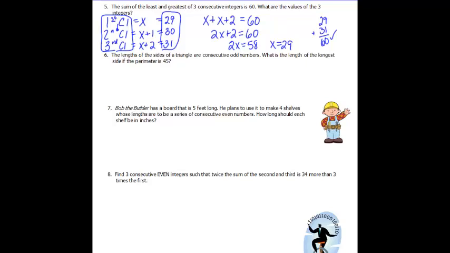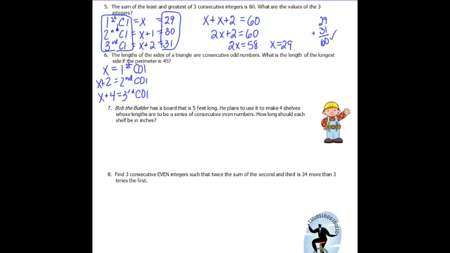Let's get started with number 6. The lengths of the sides of a triangle are consecutive odd numbers. So I'm going to let x equal the first consecutive odd integer, x plus 2, remember, the second consecutive odd integer, and x plus 4, the third consecutive odd integer. And then what's the length of the longest side if the perimeter is 45?